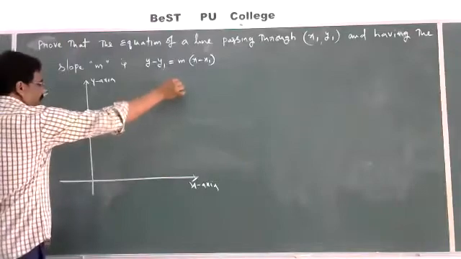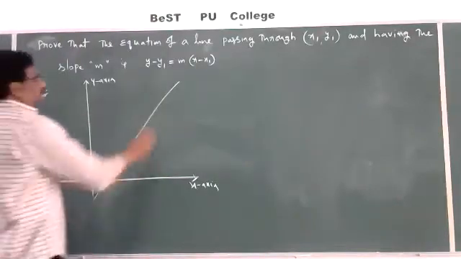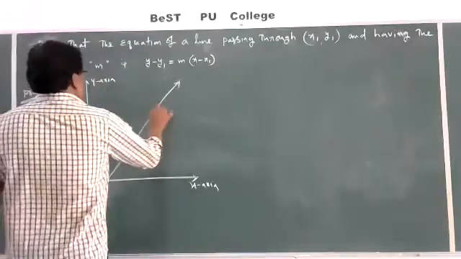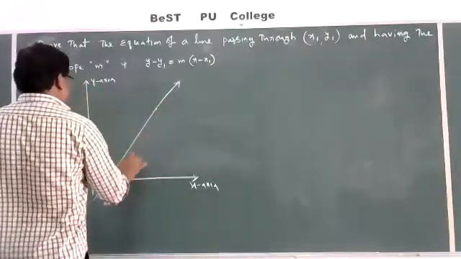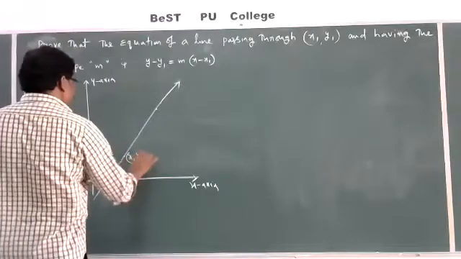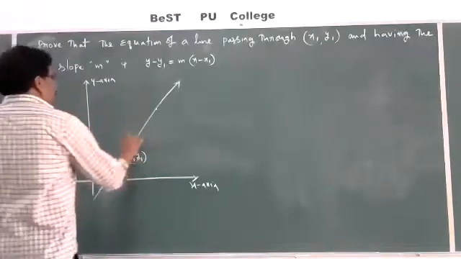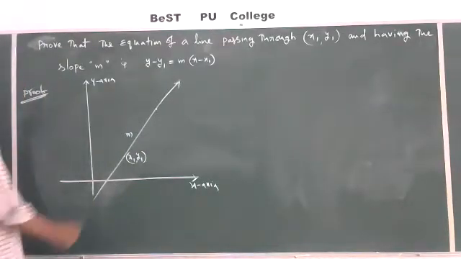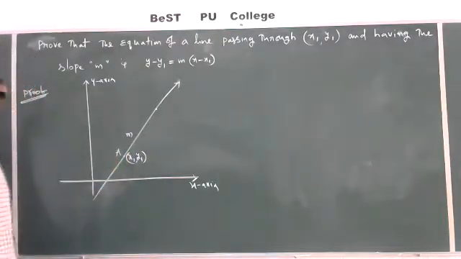So this is the required line. The point x1, y1 is given and the slope m is given.